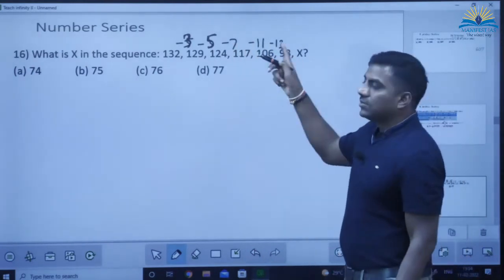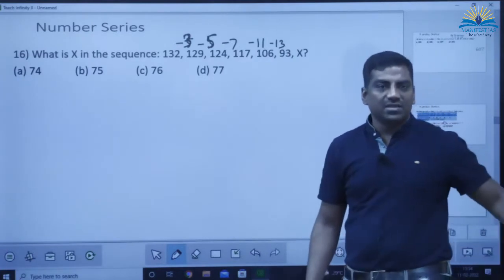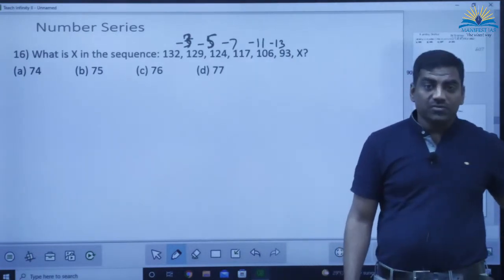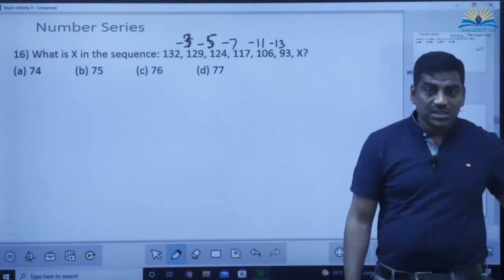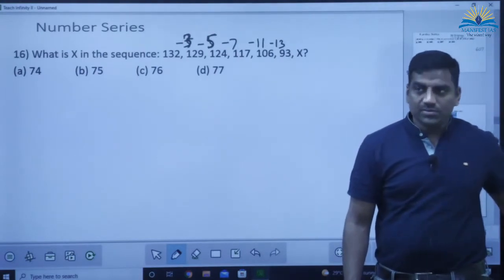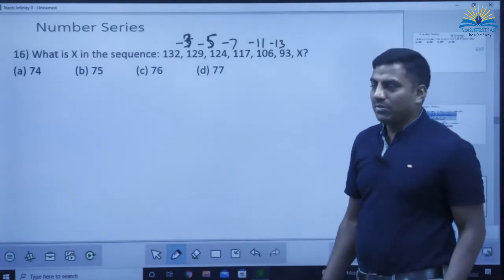What are these? 3, 5, 7, 11, 13. Prime numbers. Very good. Not just odd numbers, because 9 has not been considered. So they are prime numbers.